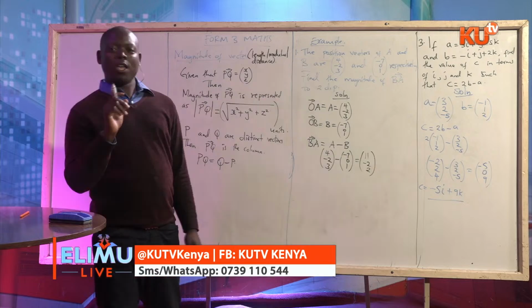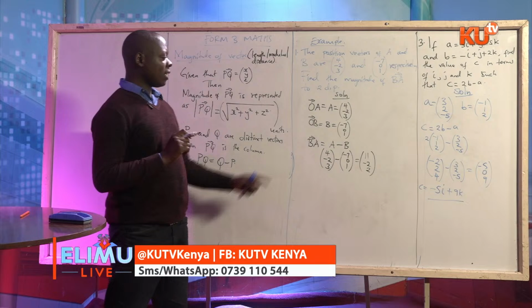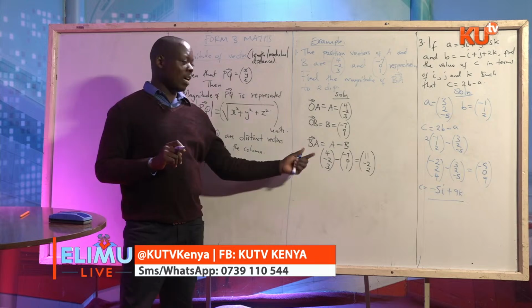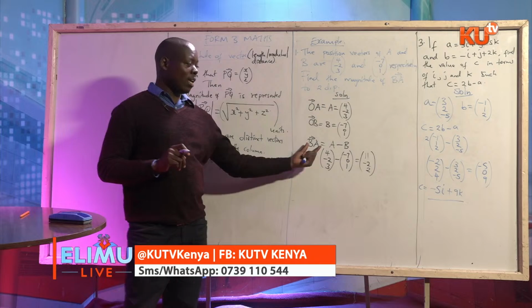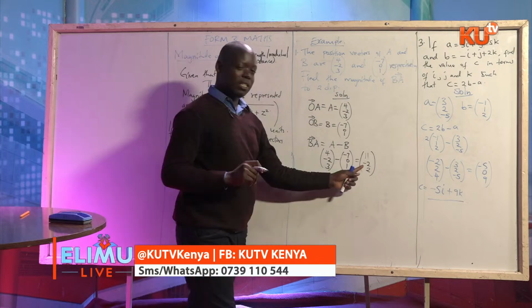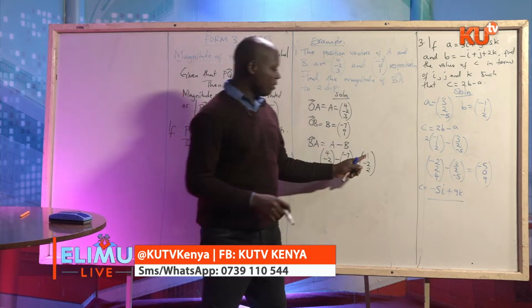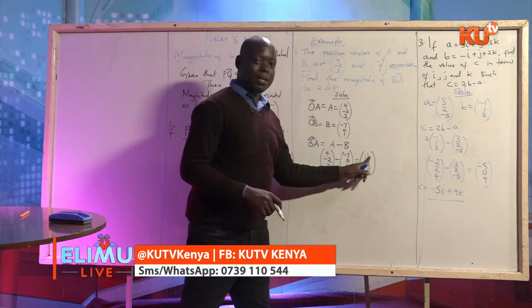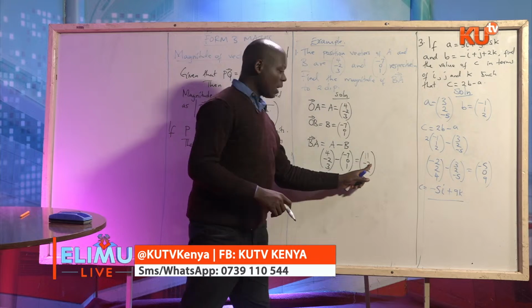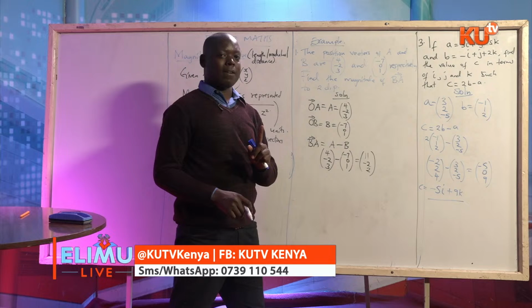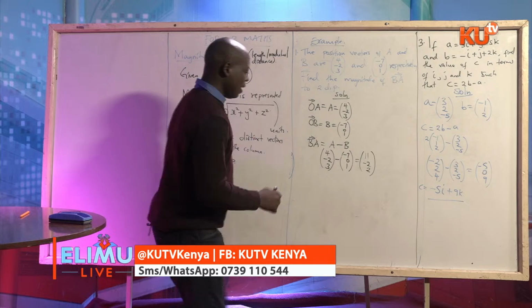Therefore, we have obtained our vector BA. A column vector representing BA is (11, -2, 2). But remember that we've said 11 is for the X, negative 2 is for the Y, and 2 is for the Z. So how do we then apply the concept of magnitude?